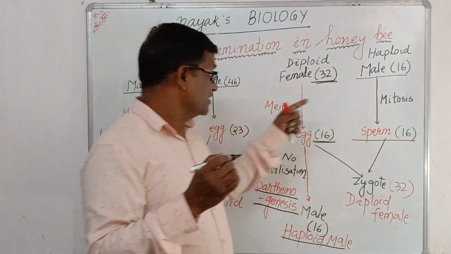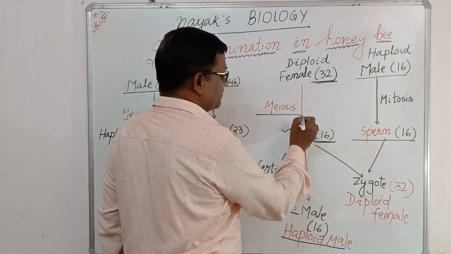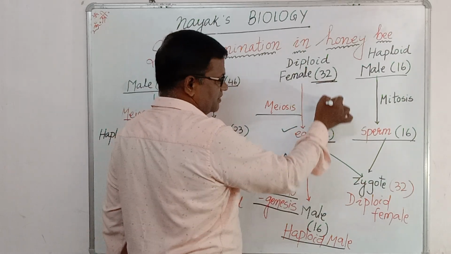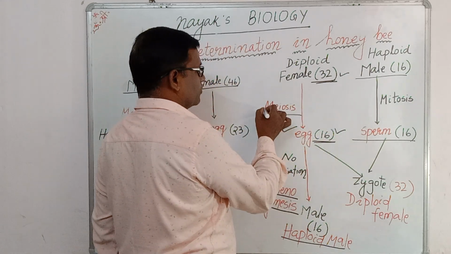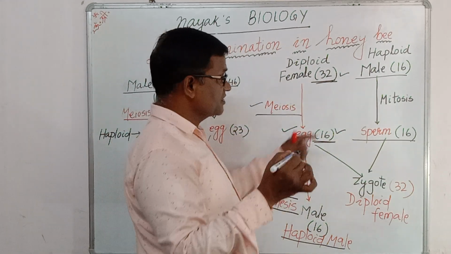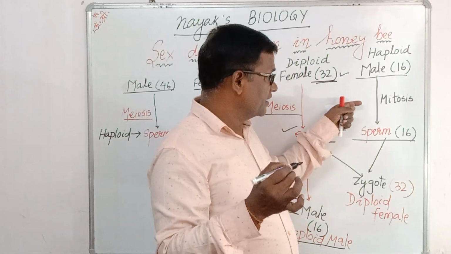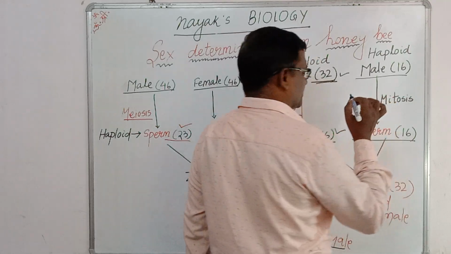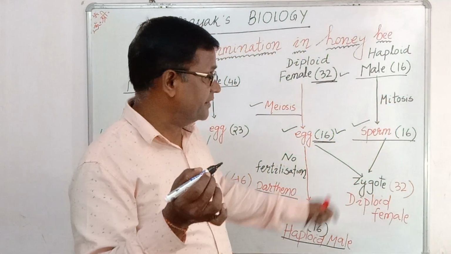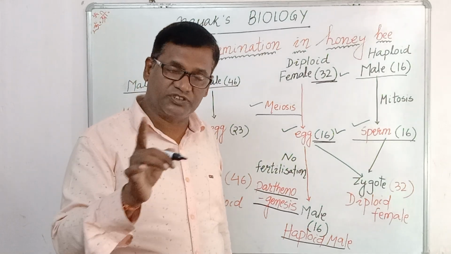In our case, the number of chromosomes is reduced, from 32 to 16, because of meiosis. But in this case, the male has 16 chromosomes, follows mitosis, and the sperm contains 16 chromosomes. We know that mitosis is a division where the chromosome number remains constant and does not change.